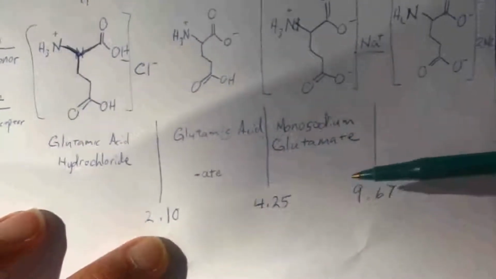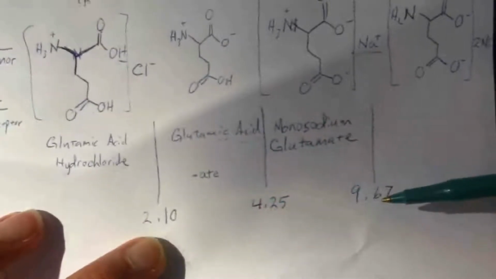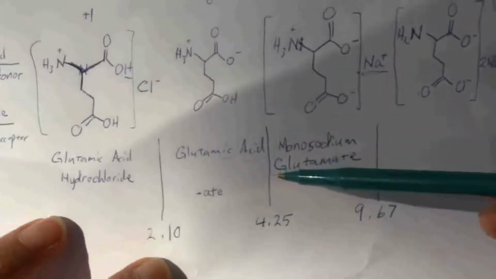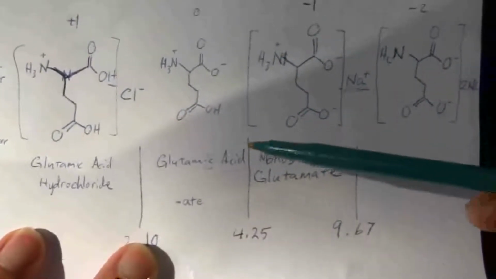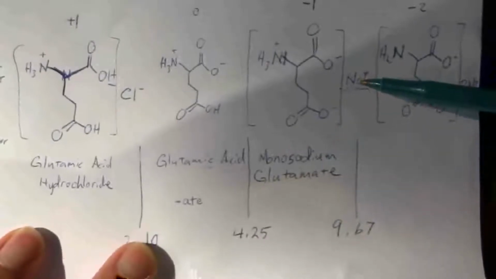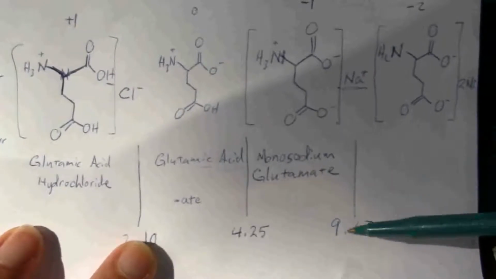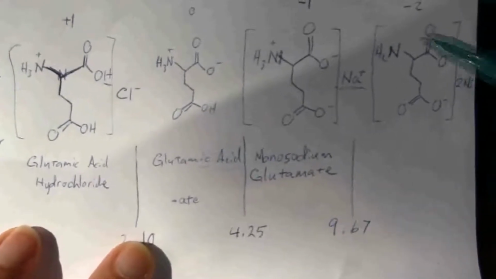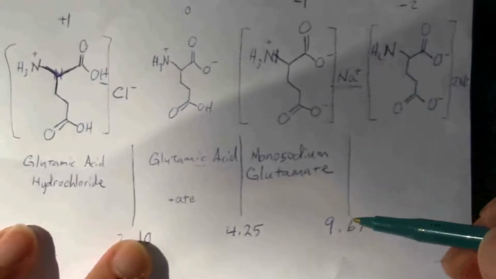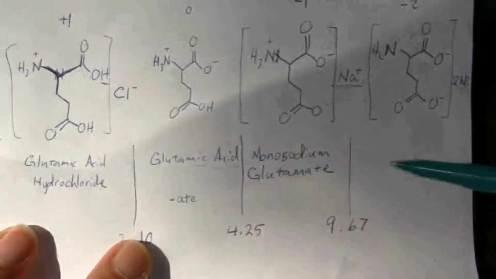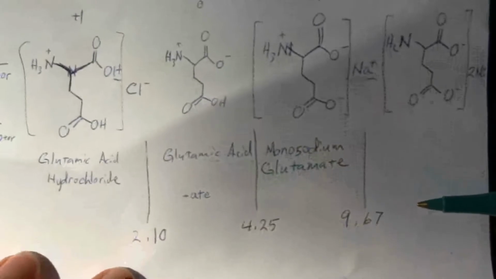But if I increase the pH to above 4.25 but less than 9.67, then what I have is this glutamate form, and assuming I have sodium as my counterbalance, it would be monosodium glutamate. Now, if I increase the pH even further, then I would have this form, the disodium glutamate. So that's the only thing that is different between these different forms.